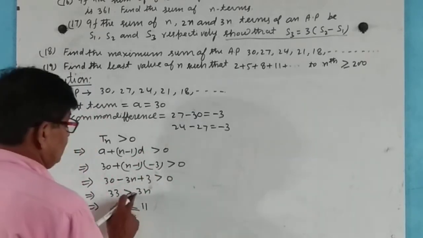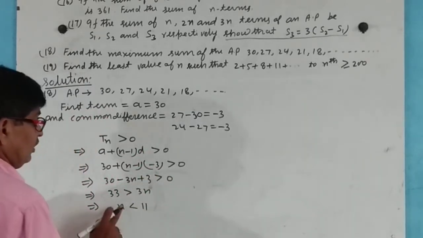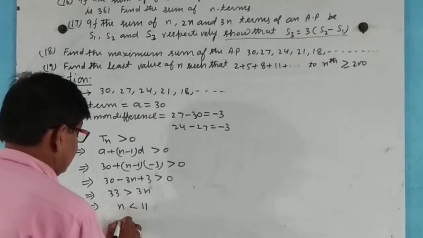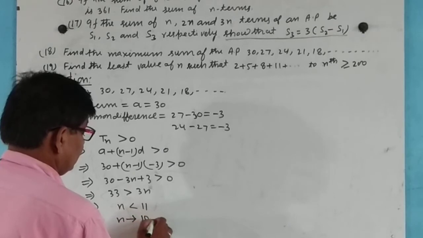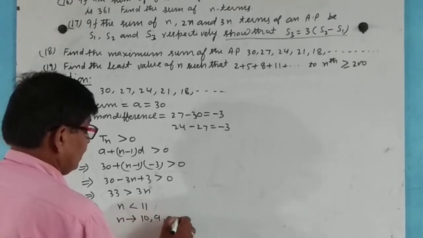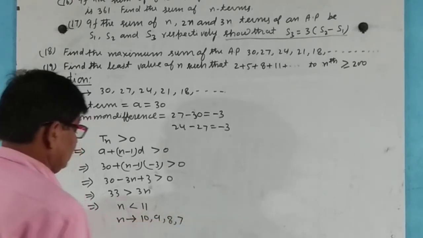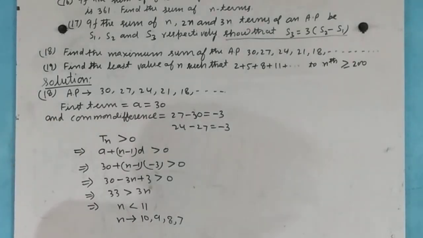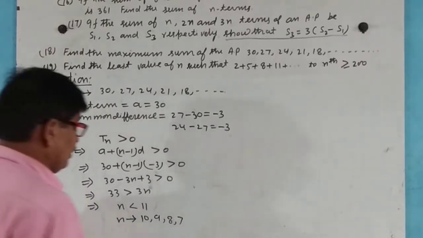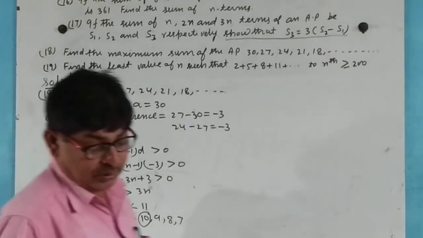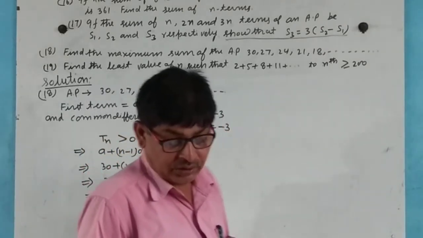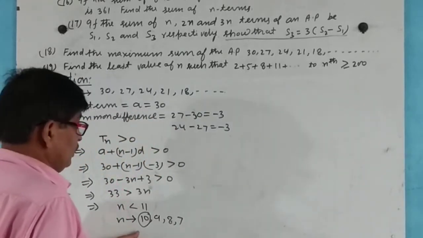Now n less than 11 means the value of n equal to 10, 9, 8, 7. But we calculate the maximum sum, so the value of n is equal to 10.